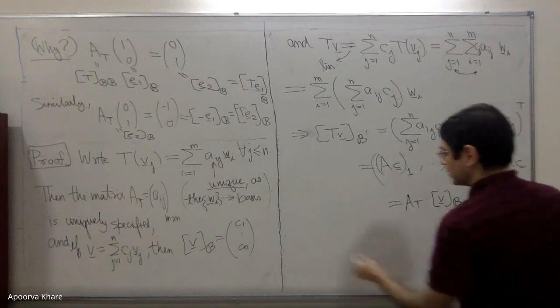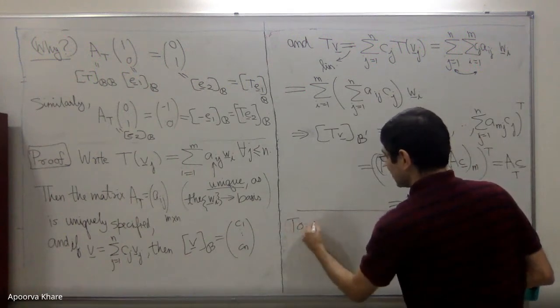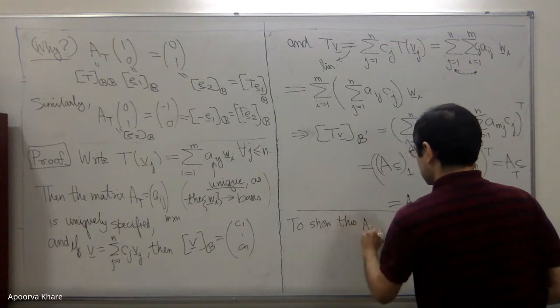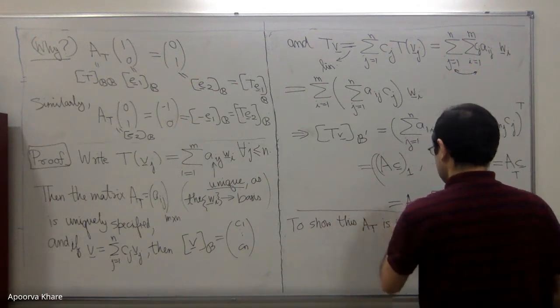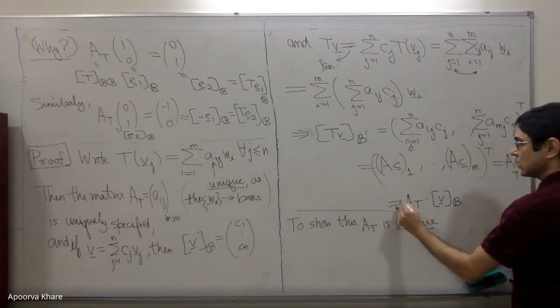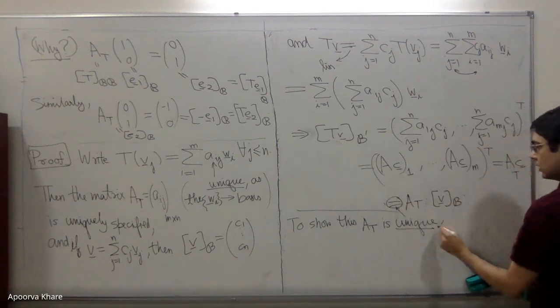Let me say that. For uniqueness, to show this AT is unique. Unique among what? Unique among the matrices satisfying this equality, that this equals this.